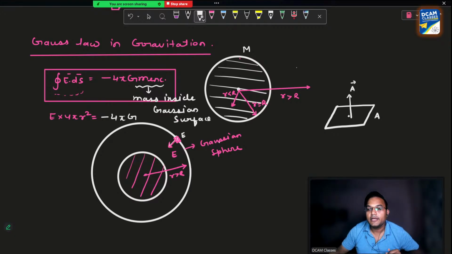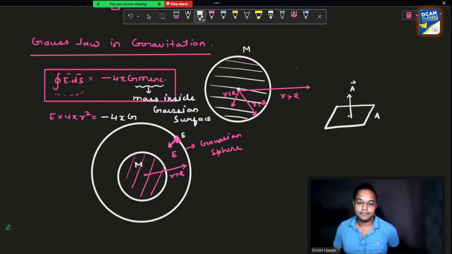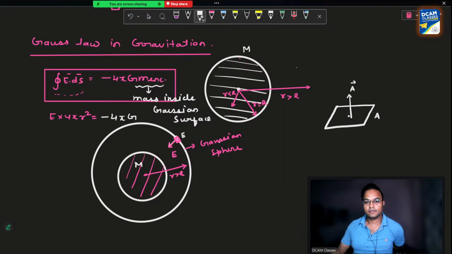Now when you have taken this small r, this is mass capital M, the solid one. Inside this Gaussian surface, how much mass is present? Capital M, right? Only this mass. Correct? So we'll keep capital M. So the field at point P, what have we got? 4 pi will cancel. The field is E equal to minus GM by r square.